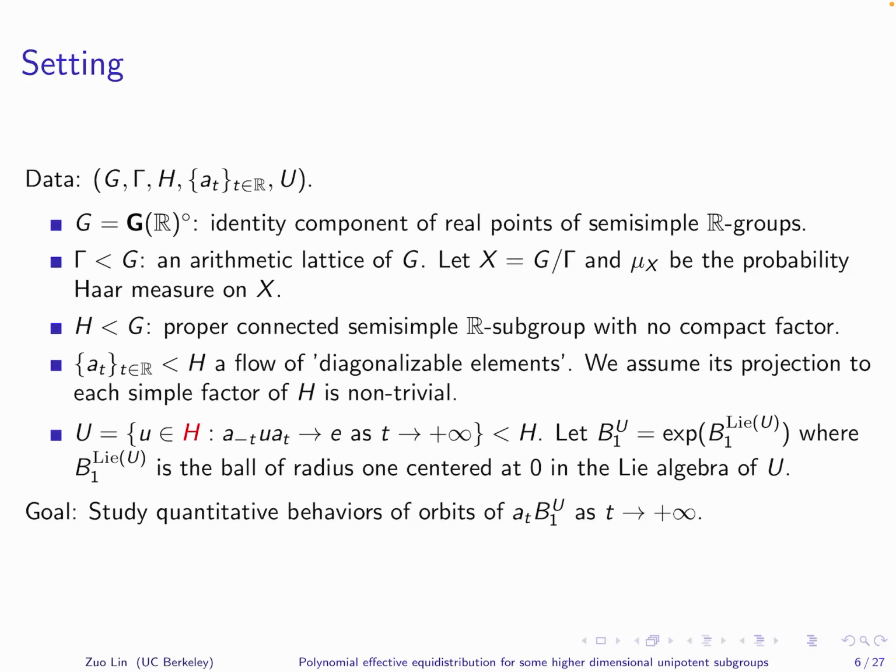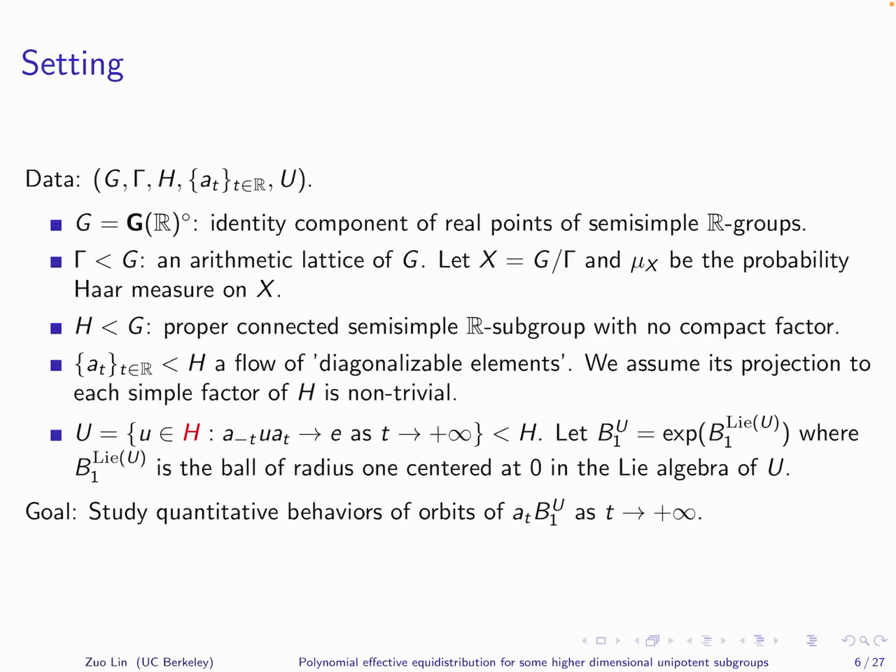If you conjugate U by a_{-t}, it goes to identity when t goes to infinity, or you can say it gets expanded when you conjugate in positive time. And okay, this is the unstable part in H. And the key thing is it is not the horospherical subgroup of G. It is just its intersection with H, a lower dimensional object.